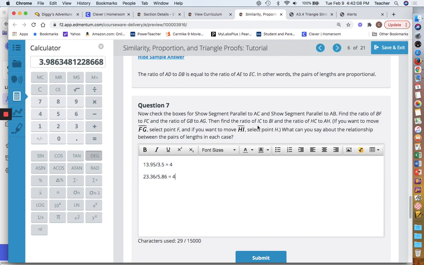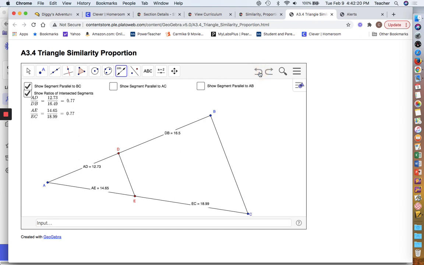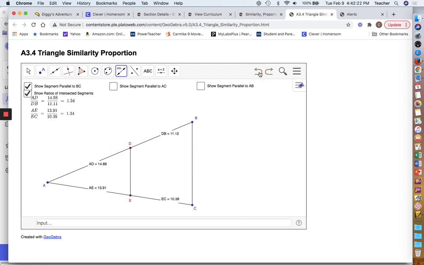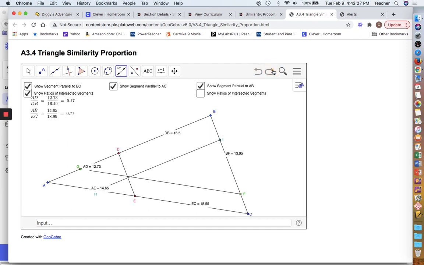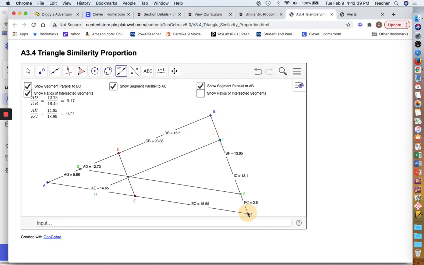Then find the ratio of IC to BI. Whoa, it's getting busy. Let me undo this. It's not going to let me, is it? All right, let's do it. IC to BI.